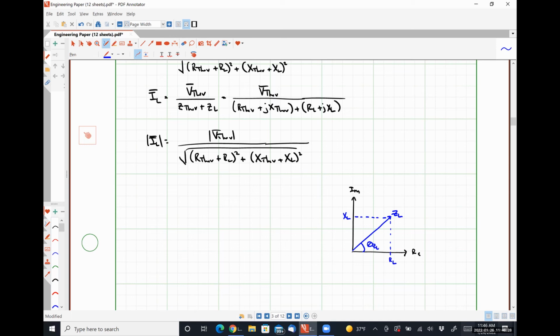So the cosine of this angle is the real part divided by the magnitude, right?